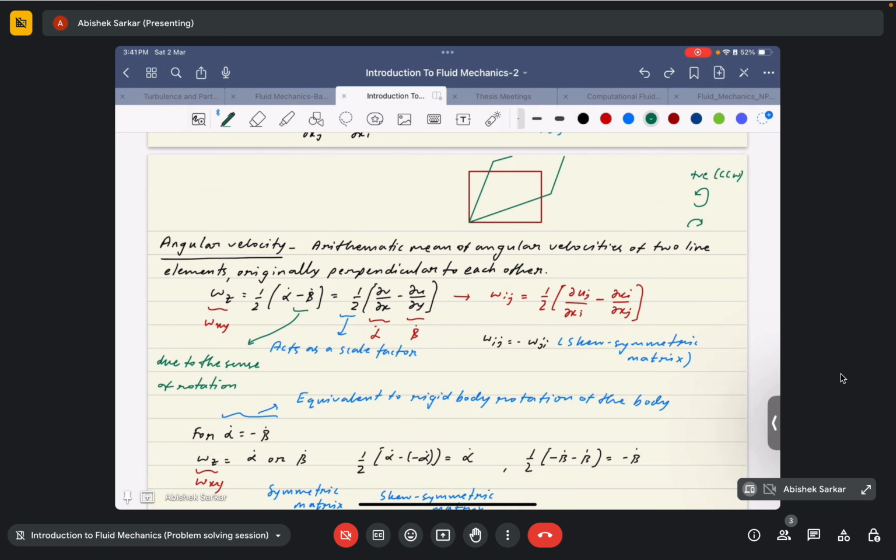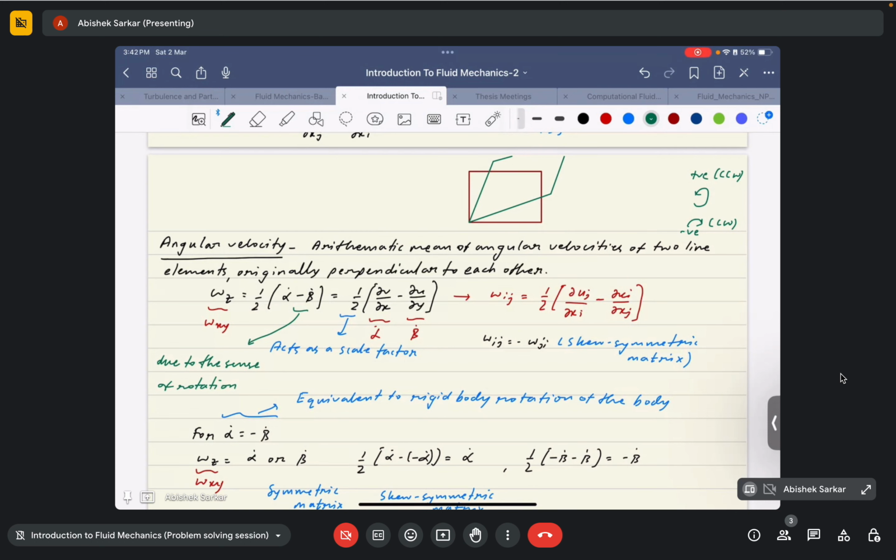But this is just my notation that I like to follow, and I guess the same has been followed by Professor Chakraborty, but you can always use the opposite notation. It won't make any difference. Just the sign in front of your answer would change, which you need to specify by saying that you have chosen positive along the clockwise direction and negative along the counterclockwise direction. Okay, you just need to mention that.